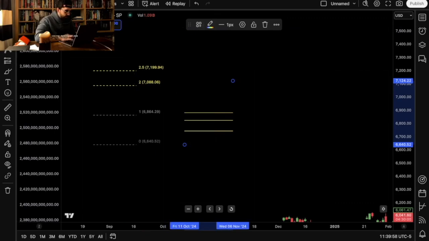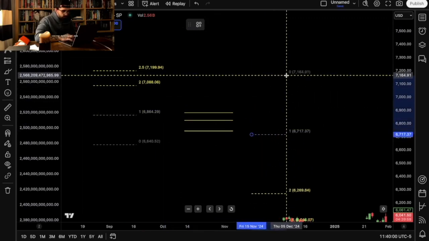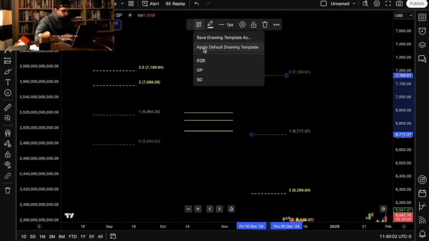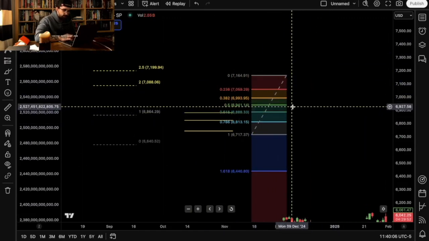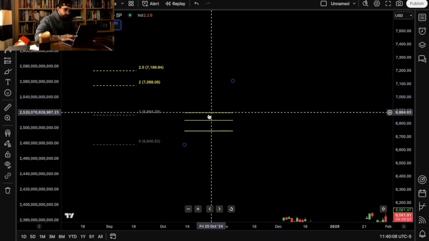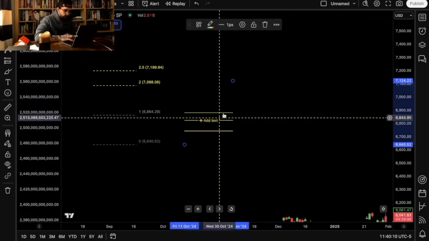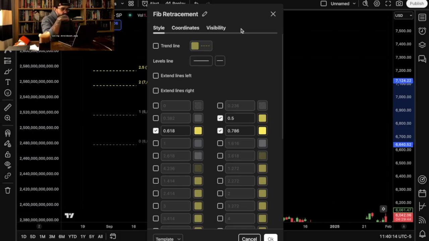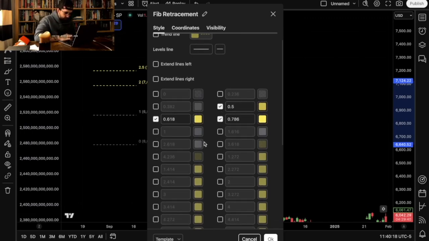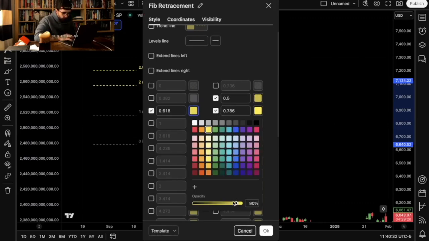All right, so if we remember, the default setting looks horrendous. Okay, so here we've filtered out the noise and left in the key levels, that being 0.5, 0.6, and then 0.78. These become high probability areas in the market when you're measuring retracement.